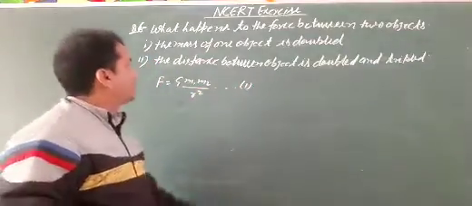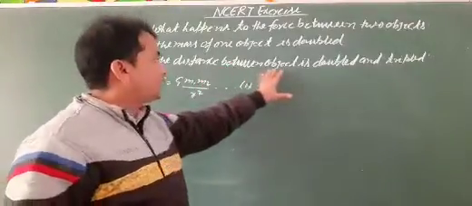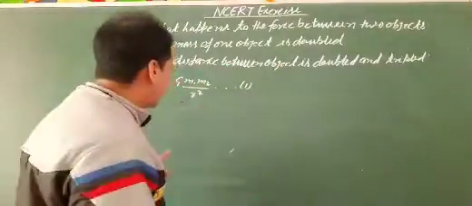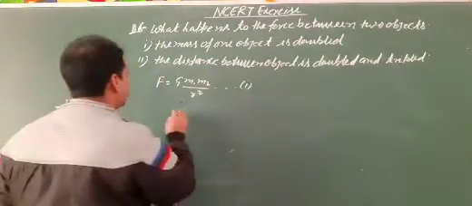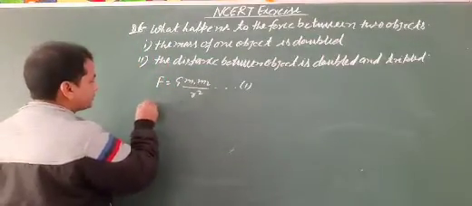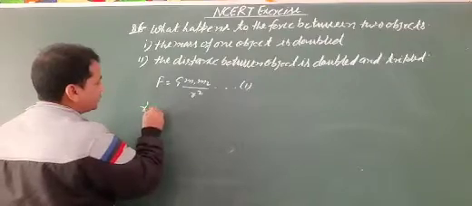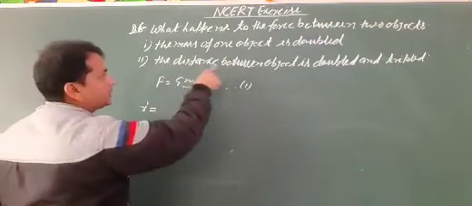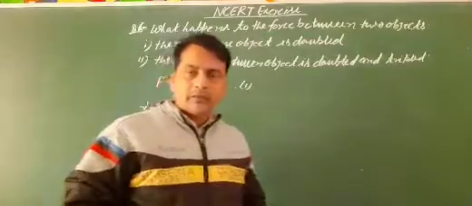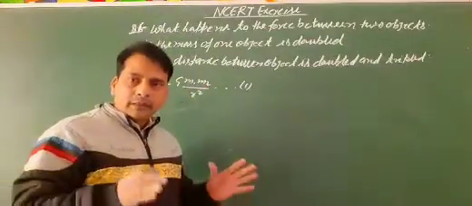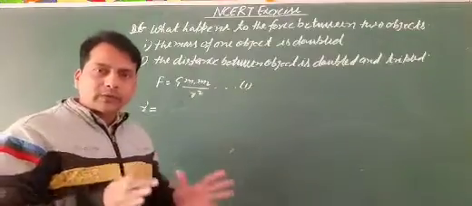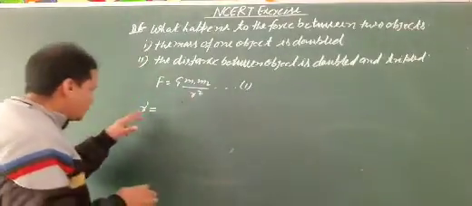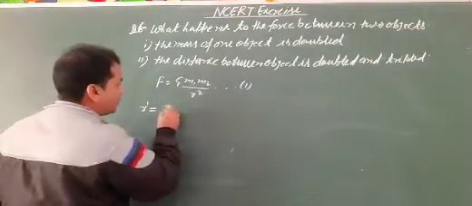According to this question, the distance between the objects is doubled. Suppose the new distance is r dash. The new distance becomes twice the original distance, so r dash equals 2r.